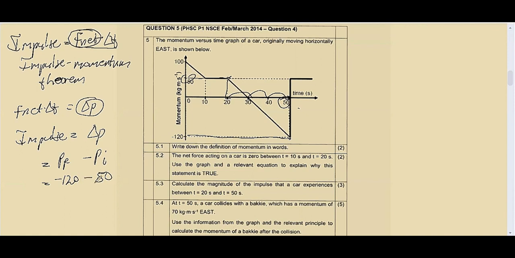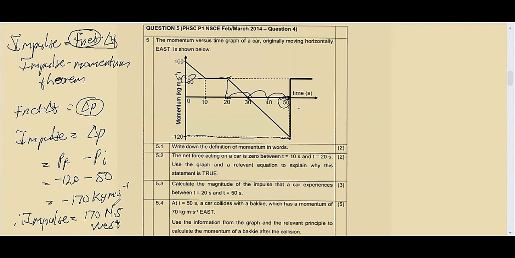So negative 120 minus 50 equals negative 170 kg meters per second, because we just calculated the change in momentum. But if we are calculating the impulse, we need to change this to the SI unit. So this would be 170 Newton second. And since it's negative, we need to indicate that the impulse is in the western direction. So that's 170 Newton second west.